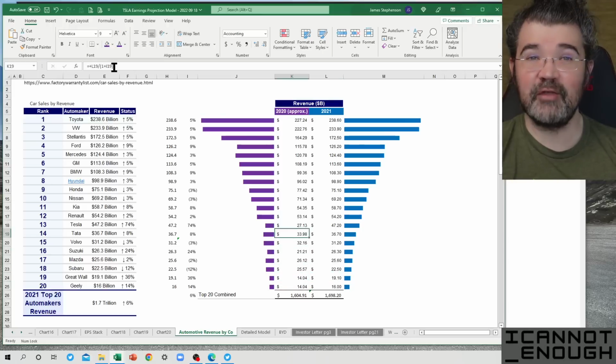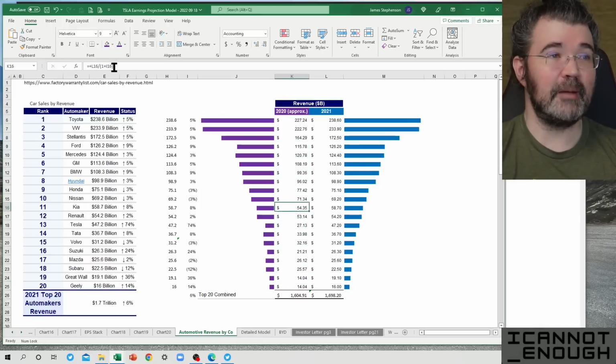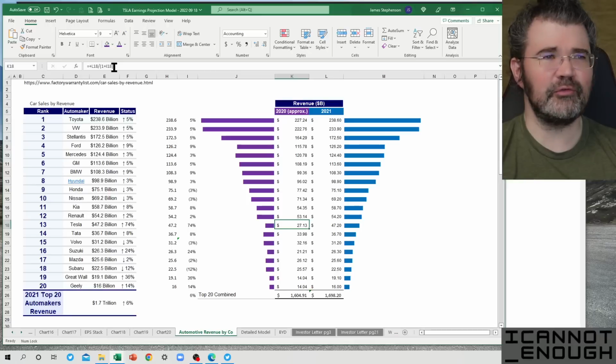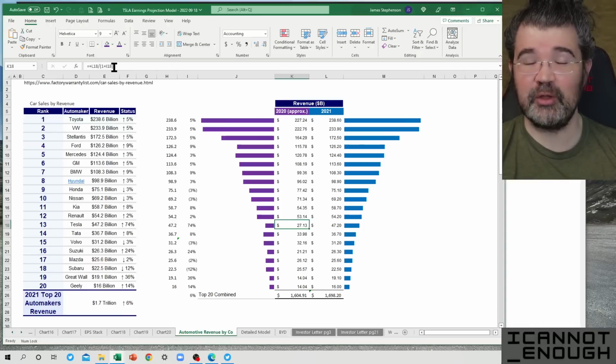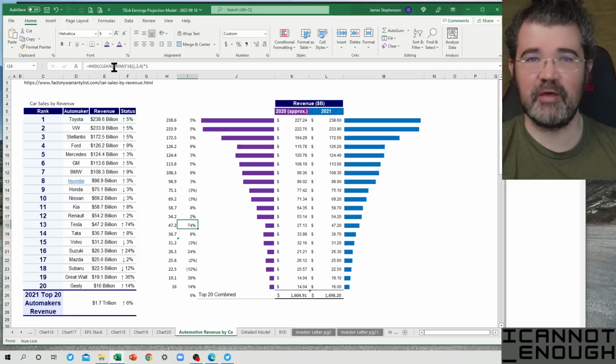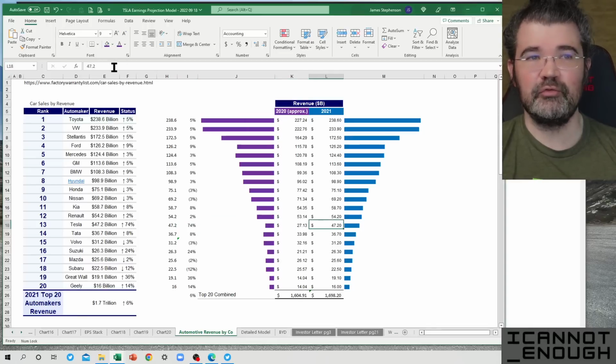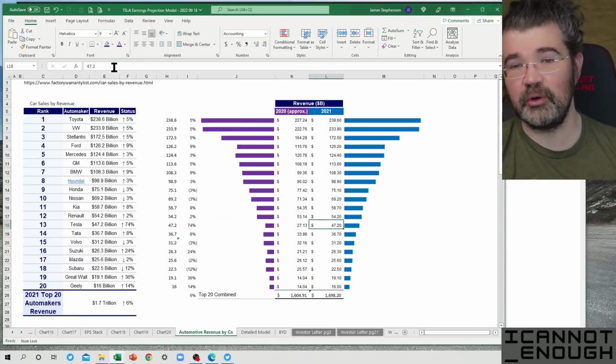But I do have decimal precision on the 2020 number, so I didn't want anybody to come back and say, hey, Tesla's revenue in 2020 wasn't precisely 27.13. Well, no, but it was a number close to it because it was 74% growth to 47.2 in 2021.